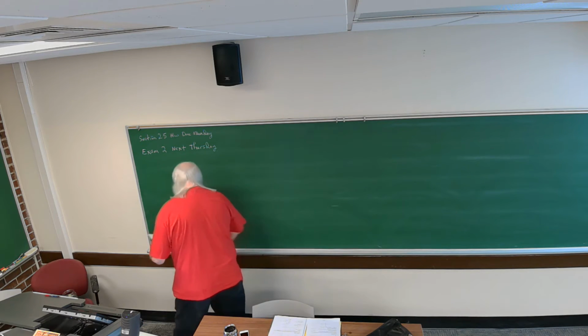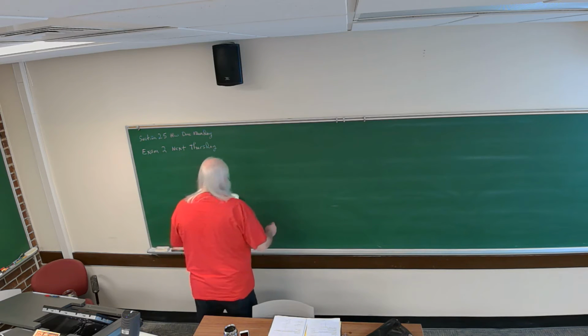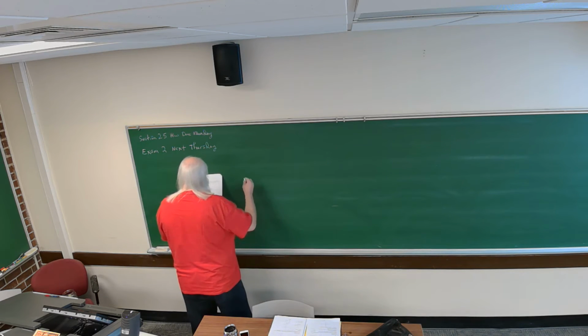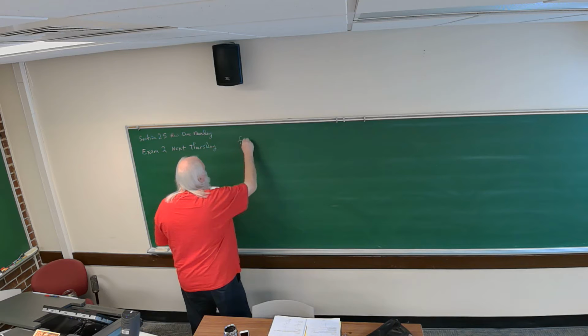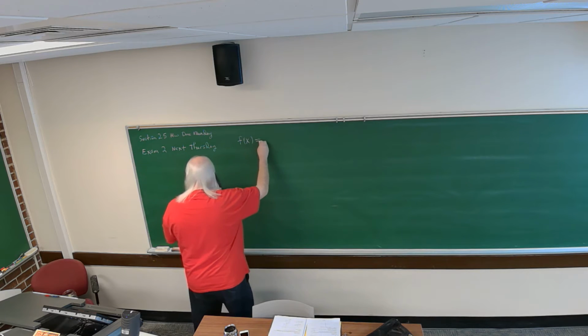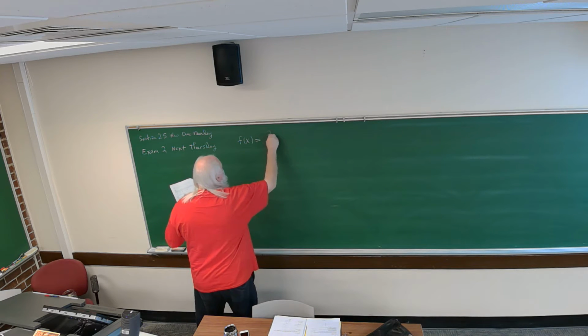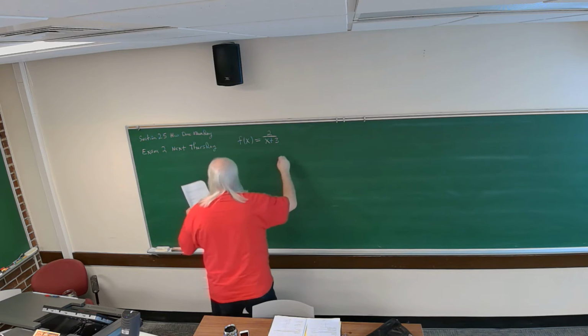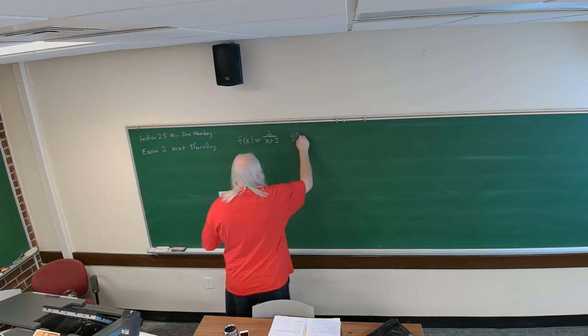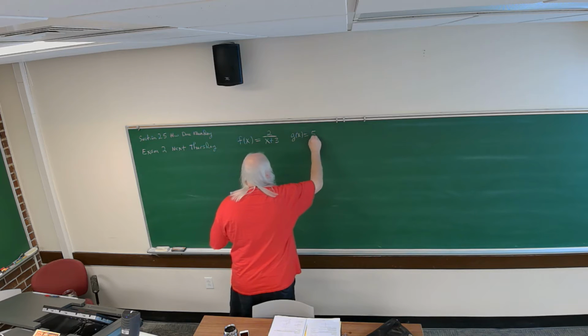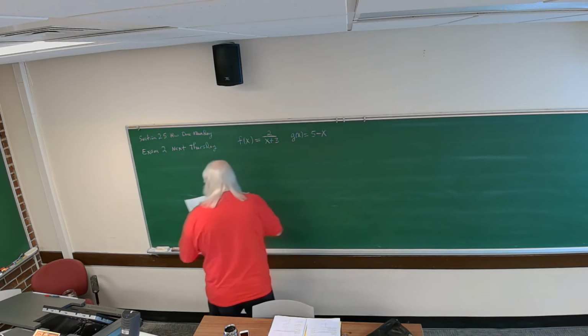So in example 3, we have f of x equal to 2 over x plus 3, and g of x is equal to 5 minus x. Okay.